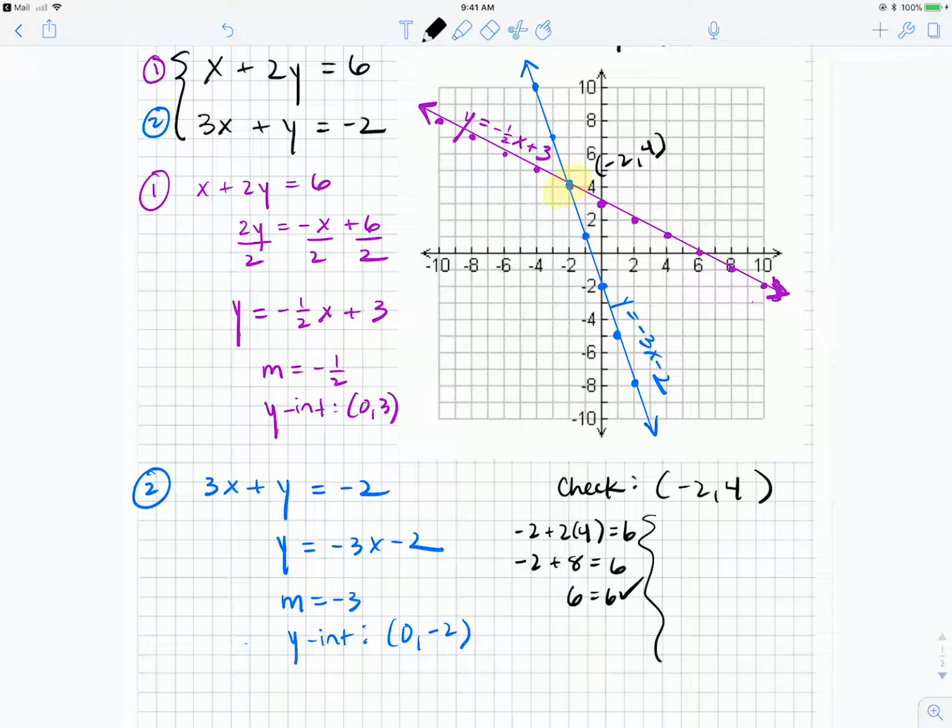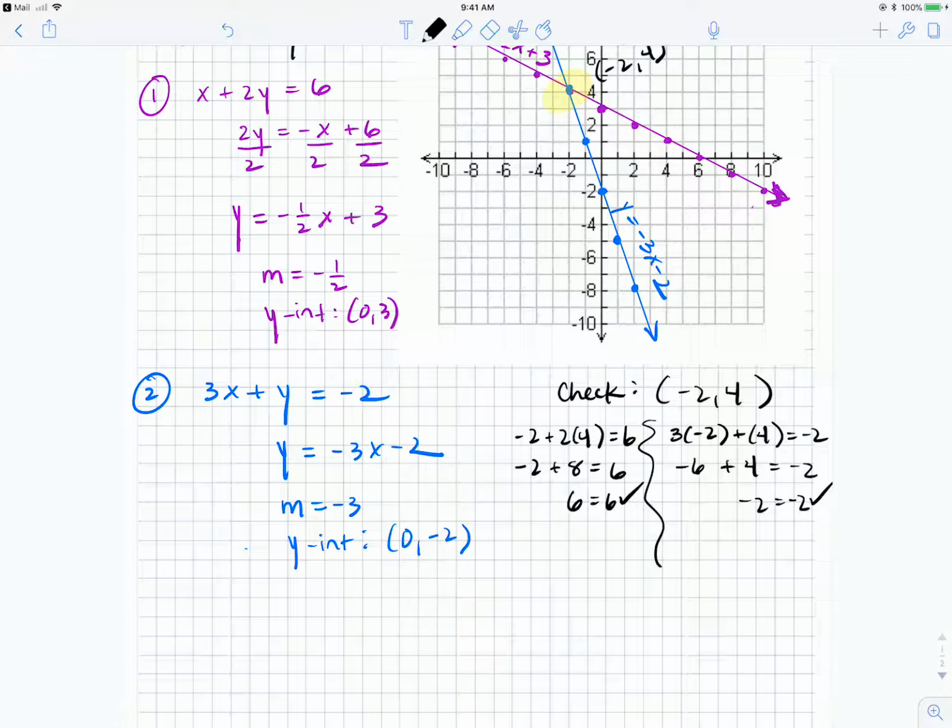And then for the second equation, remember you have to check in both equations because you could get a point that lies on one of the lines, but if there was a mistake, it might not lie on the other line. Okay, so -6 plus 4 equals -2, and that checks.